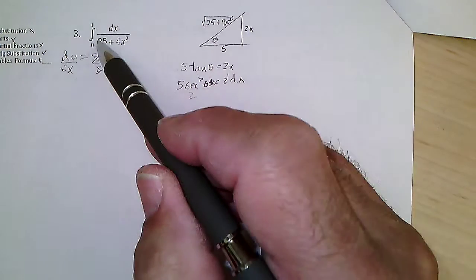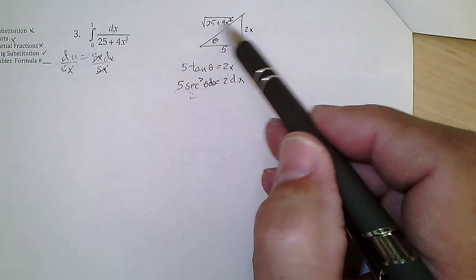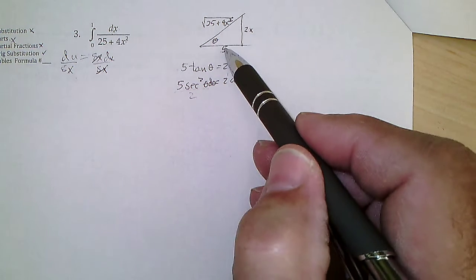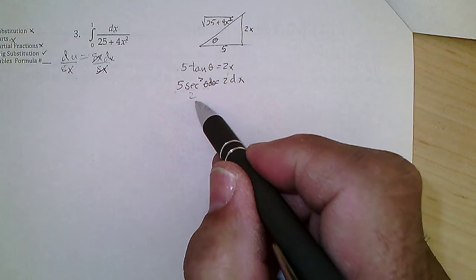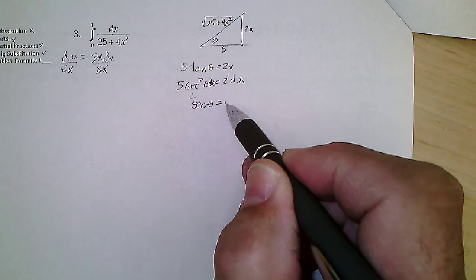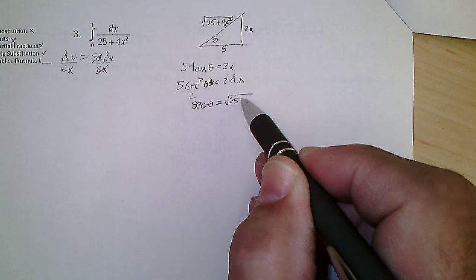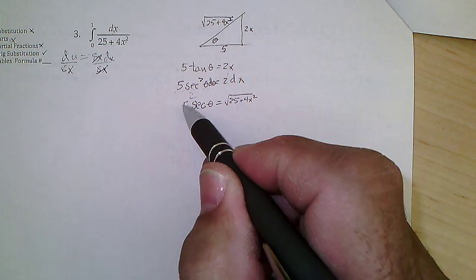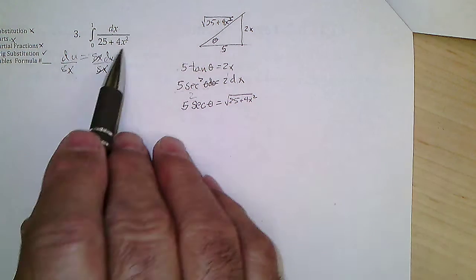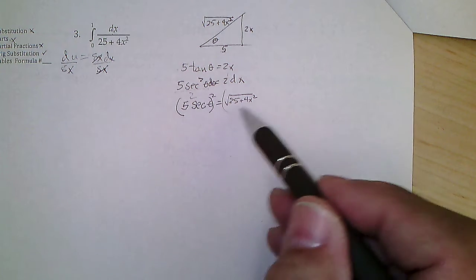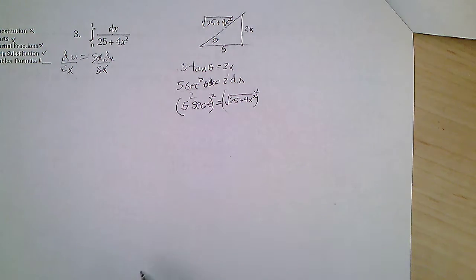And what would I replace this with? Well, the square root over 5, that would be hypotenuse over adjacent. That's the reciprocal of cosine. Secant of theta would be the square root of 25 plus 4x squared over 5, which I'll put here. So to put something in for here, I would have to square this and square this to get rid of the square.